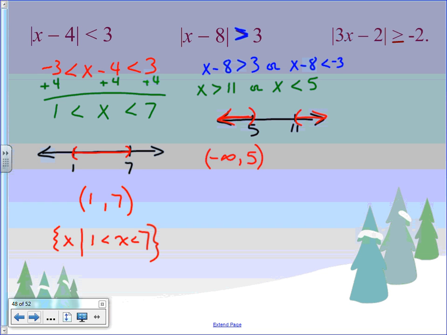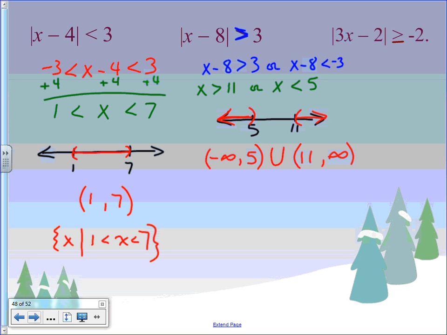So there's the exact statement of the left piece. And then it's union together with the other side. Starts at 11 and goes to infinity. Infinity gets a parentheses, and we look at the graph, and the 11 was not included, so there's a parentheses. There is the statement for interval notation for this particular graph. Okay?